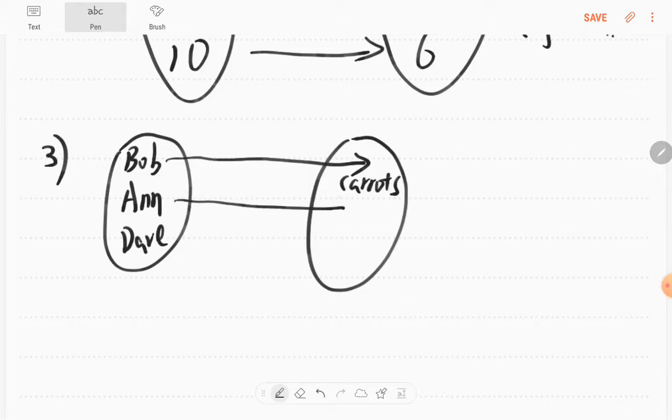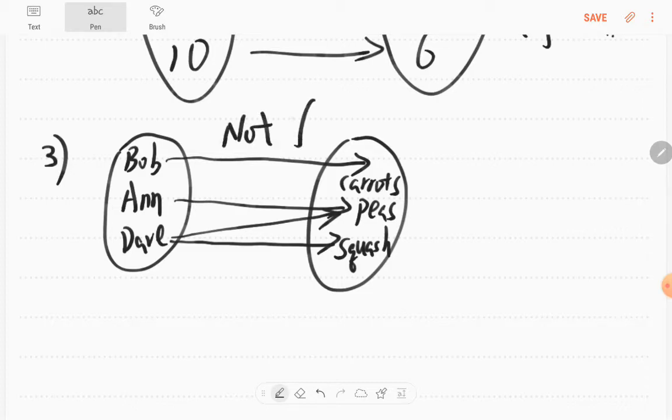Ann likes peas. Vegetables, actually. Dave likes peas and squash. So this is not a function. The reason is there is one element, Dave, that corresponds to two elements on the right side, peas and squash. Okay, so this is not a function.